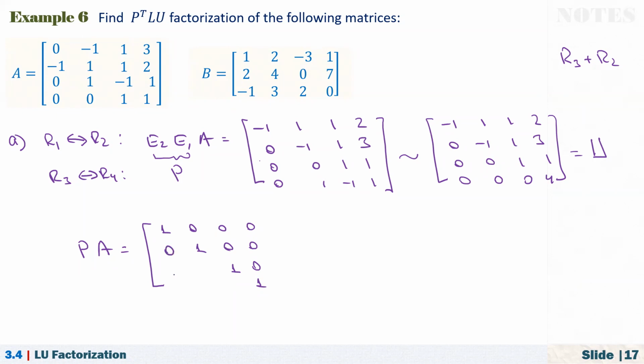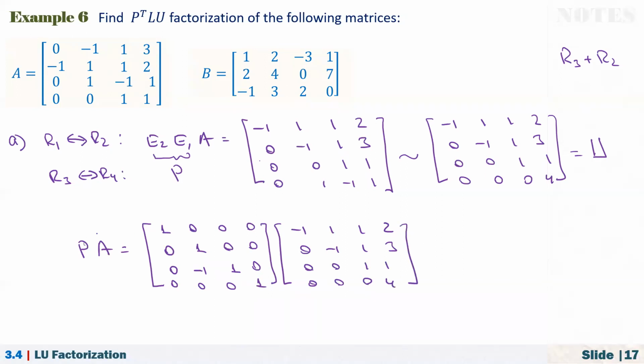And this one is 0, and the 0 and 0. 3, 2, this one is negative 1. All other entries, we did nothing, so they are 0. Right? And times U. What is U? Minus 1, 1, 1, 2, 0, minus 1, 1, 3, 0, 0, 1, 1, 0, 0, 0, 4. Right? Now, if I just take this to the right-hand side, we will have that thing.